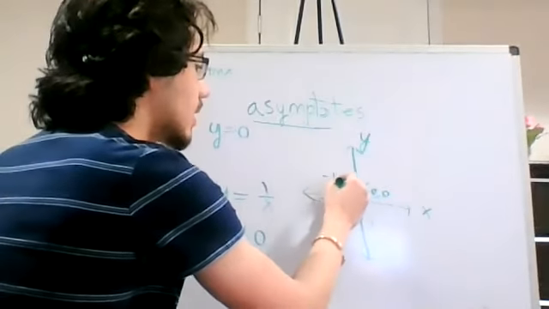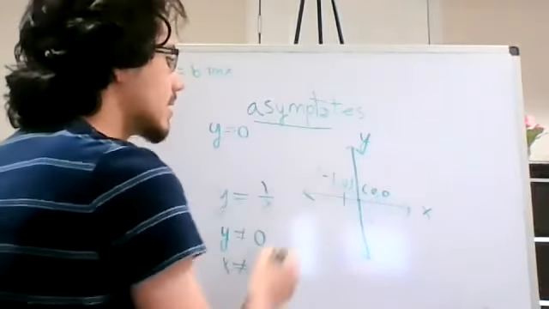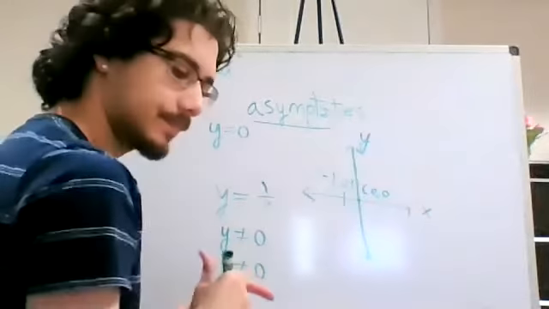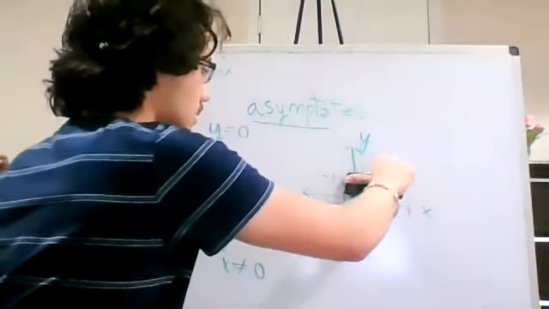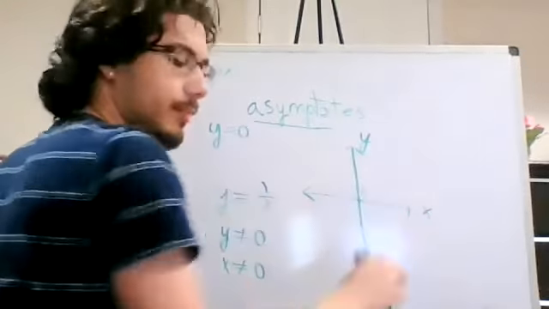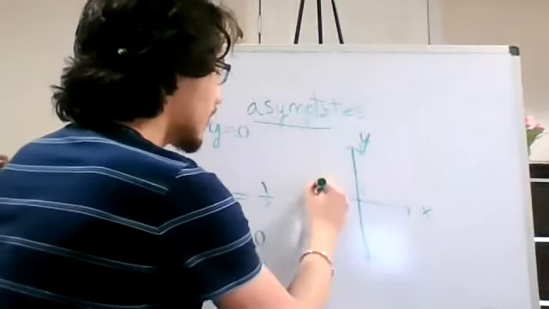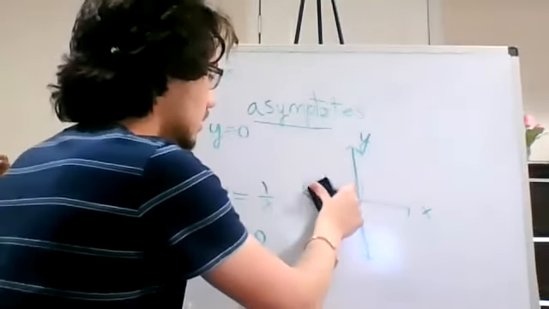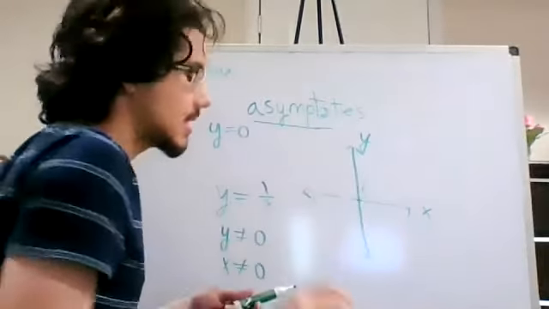At -1, 0, y is 0. At 1, 0, y is 0, and so forth. So y equals 0 is the x-axis.